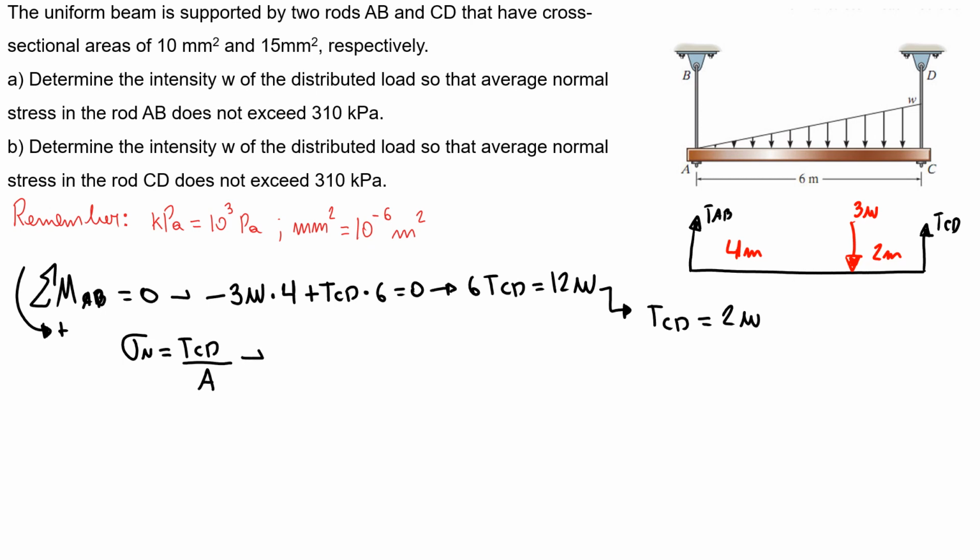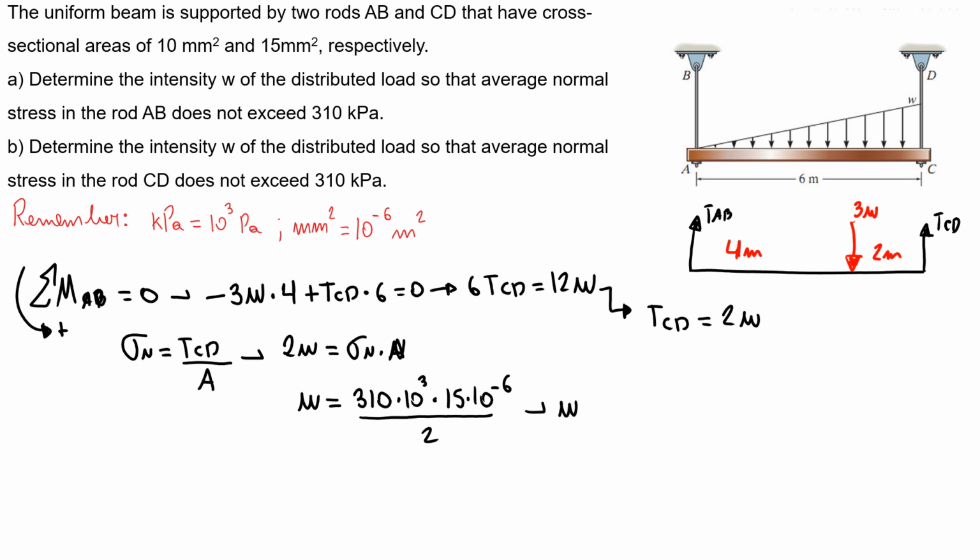Using the same approach, our normal stress is tension CD over our area. We know that our tension CD is 2 omega equals normal stress times area. And here we have omega equals the normal stress at 310 times 10 to the third times my area, that's 15 millimeters squared, times 10 to the minus 6, over 2.